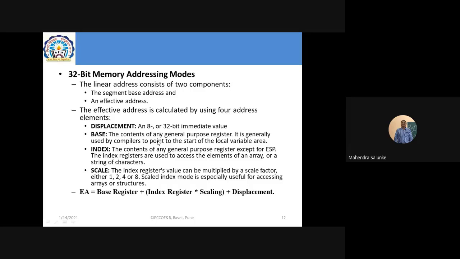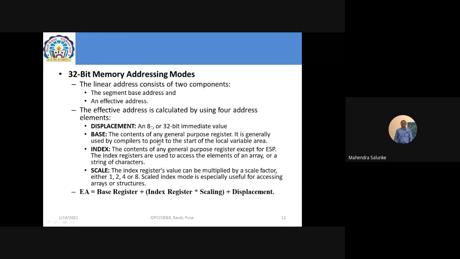Now, there are different ways by which we can calculate the effective address. To make external memory addressing flexible depending on the data structures involved in our programs, there are different options provided by the 80386 to calculate this effective address. In this, we can have displacement.